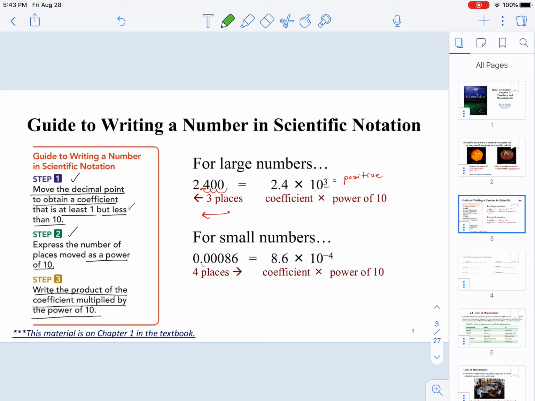In this case, 4 times. 1, 2, 3, 4. Because remember that we need to convert this number to a coefficient that is going to be at least 1 but less than 10. Then we're going to write it as a product of that power 10. And remember, in this case, we move our decimal place from left to right. And because we move it from left to right, that's why this value is going to be negative.